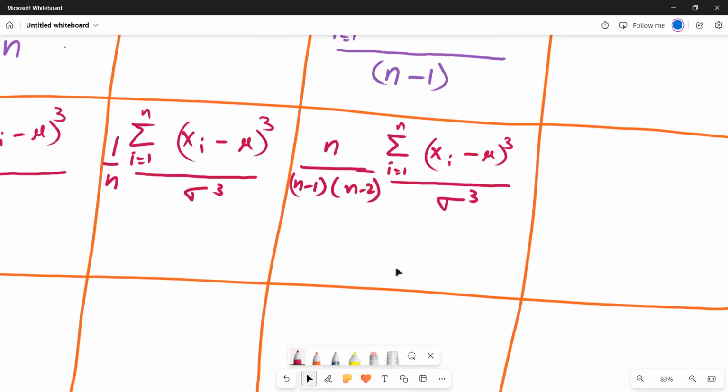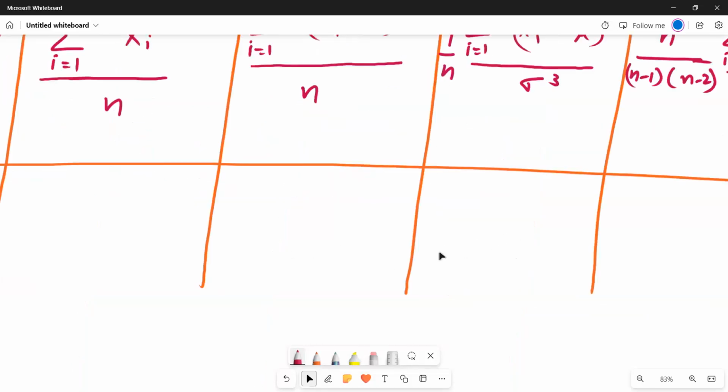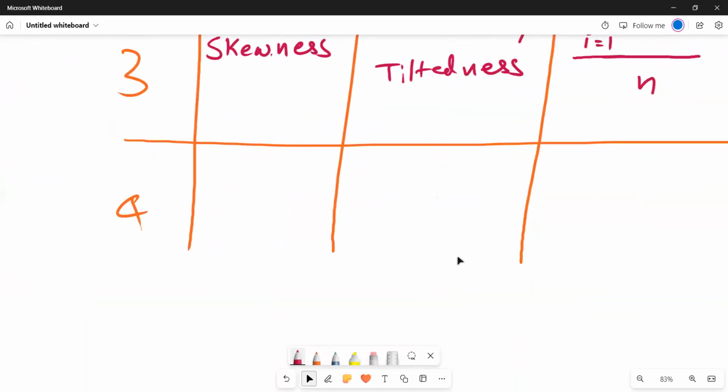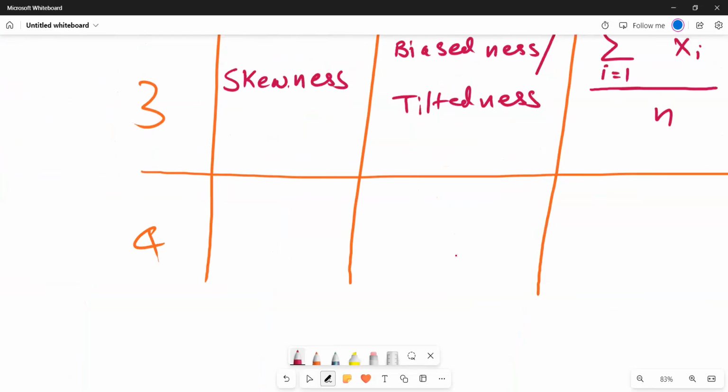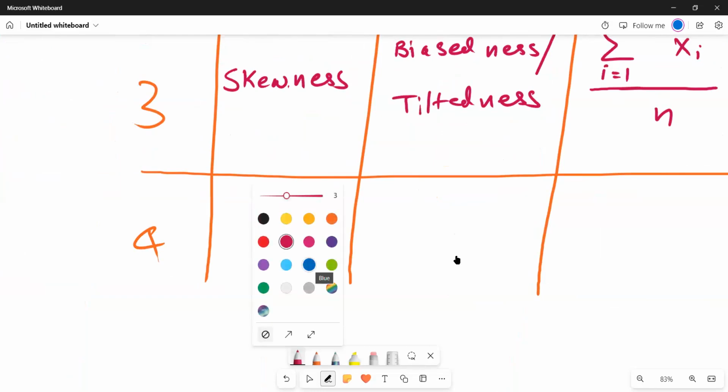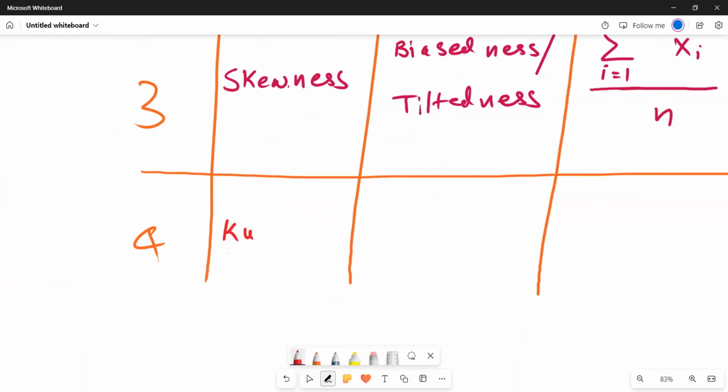And finally, we have the kurtosis part. Kurtosis basically tells you about the peakedness.